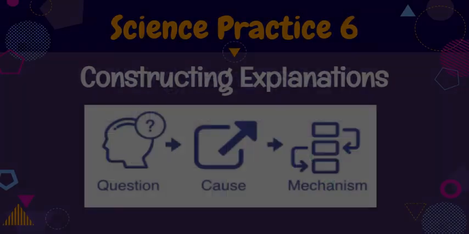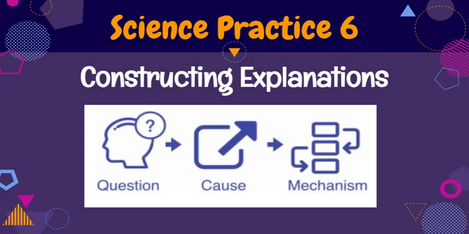Science practice number 6 is to construct an explanation. So we've actually already practiced this as well when we did that activity with claim evidence reasoning, right? So that is a method, claim evidence reasoning is a method for constructing scientific explanations, right?